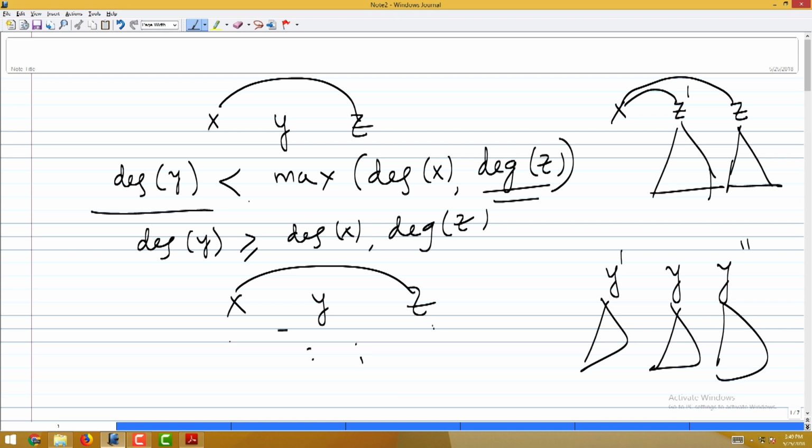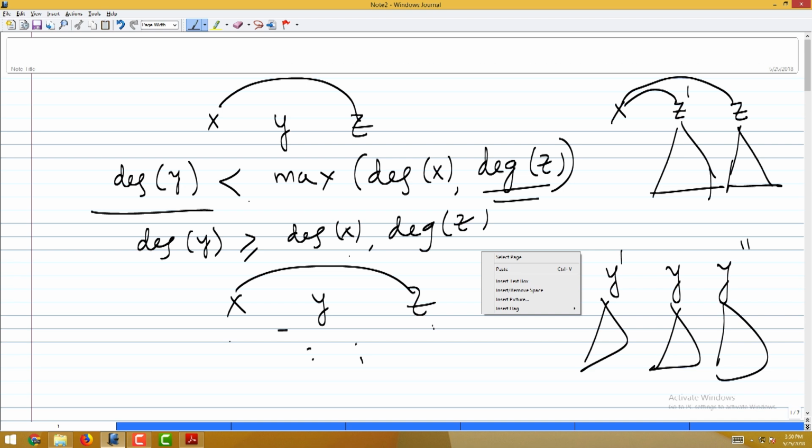So this is also a graph which does not have a complete subgraph on m plus 1 vertices. Now, it has more edges. Why? Because the degree of x was less than or equal to, and the degree of z was less than or equal to, the degree of y, but now I have replaced them with something larger for both of them.